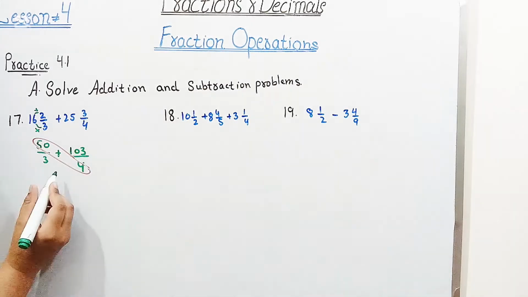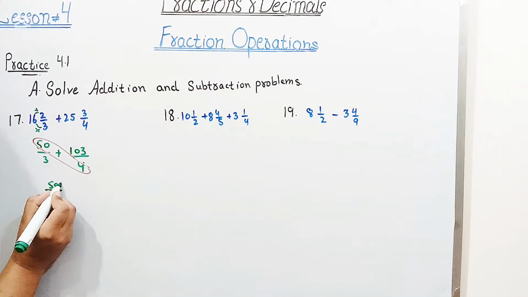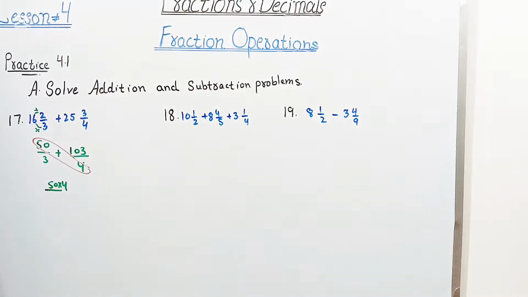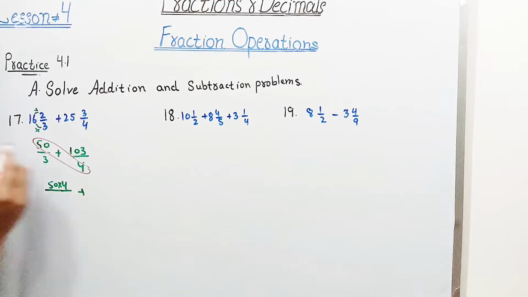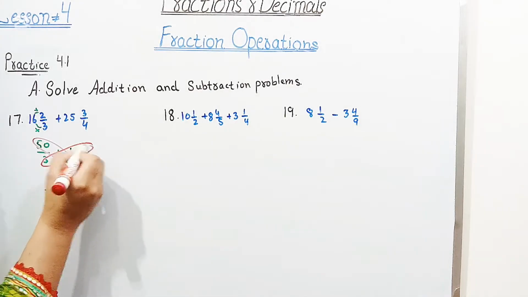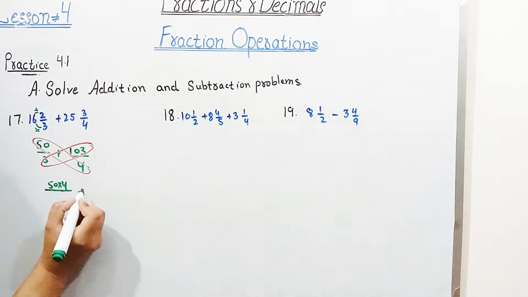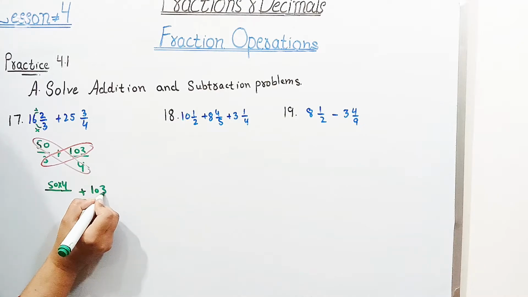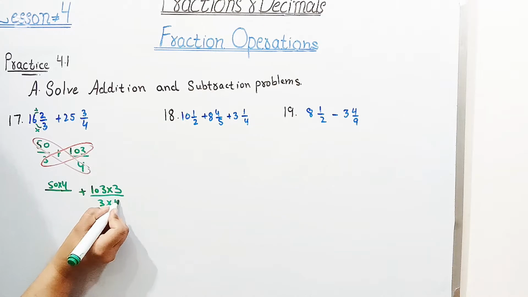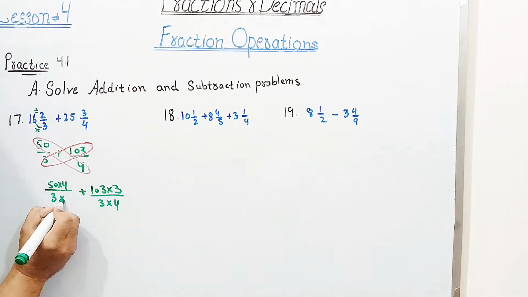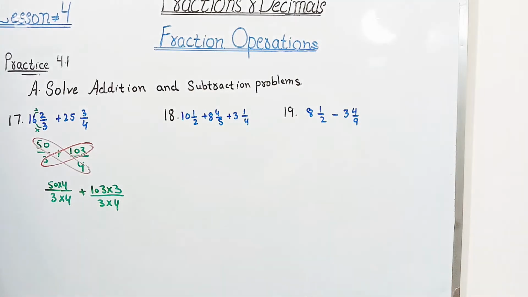50 multiplied by 4 plus 103 multiplied by 3. 3 multiply 4, 3 multiply 4. We multiply denominators all together.